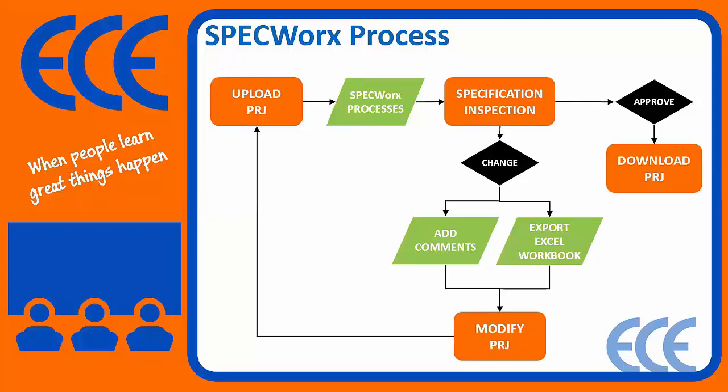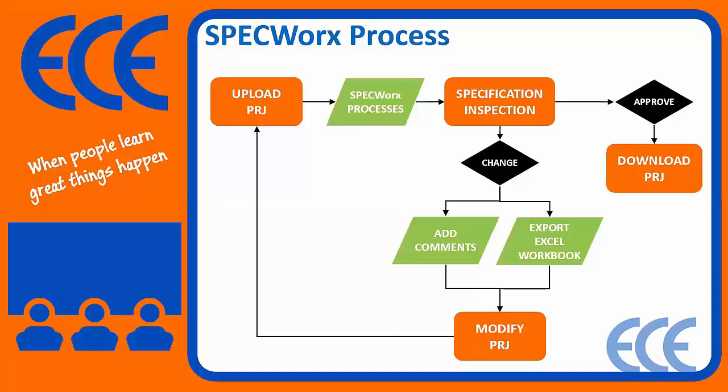The idea is to have a hold point there where perhaps non-CADWorx spec editors can modify, review, even perhaps approve, make comments, export. If there's change to be made, then the PRJ would have to be modified by, let's say, a CAD admin or a piping designer, and then the process would start all over again.